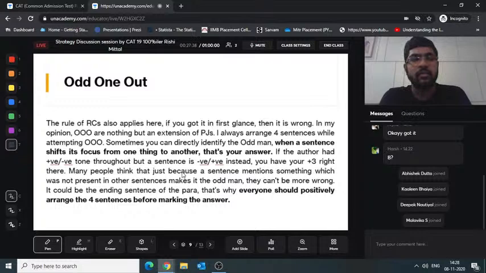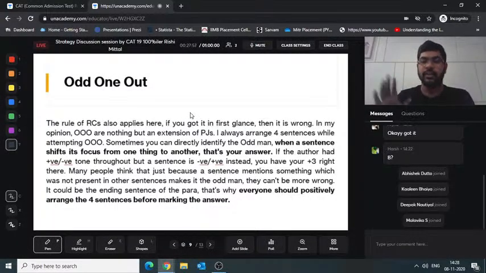How? When a sentence shifts its focus from one thing to another, that's your answer. If four of the sentences talk about some topic and the fifth sentence is completely out of context, that's a possible answer. That's not always the answer, but it's a possible answer. Just see if that logically fits somewhere. You never know.